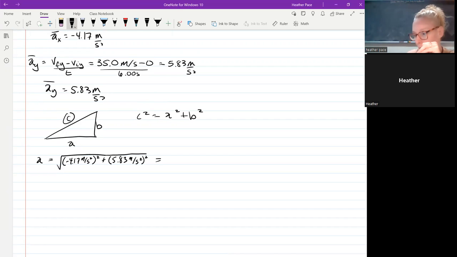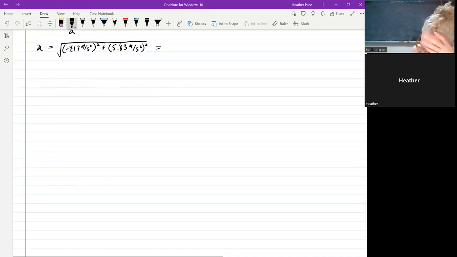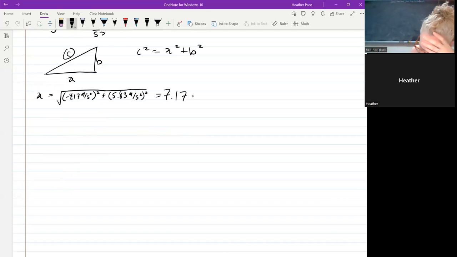And plugging values into your calculator, you get 7.17 meters per second squared.